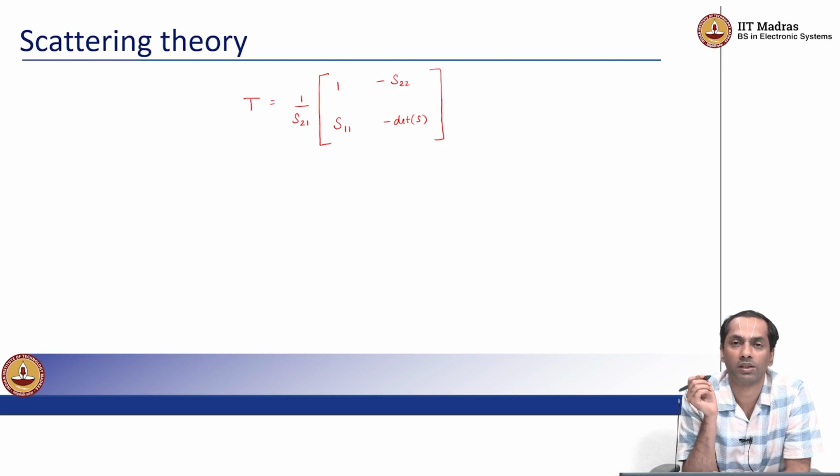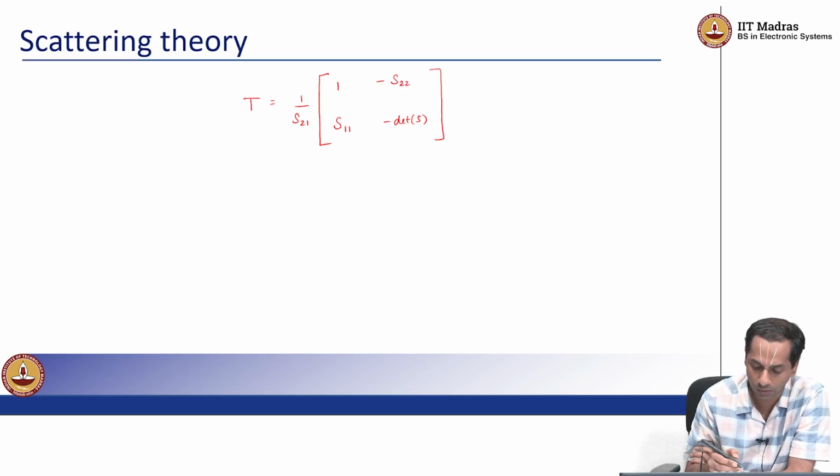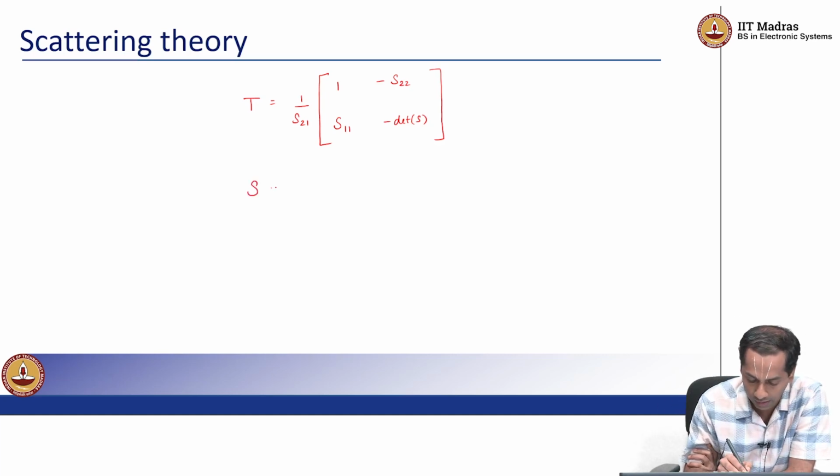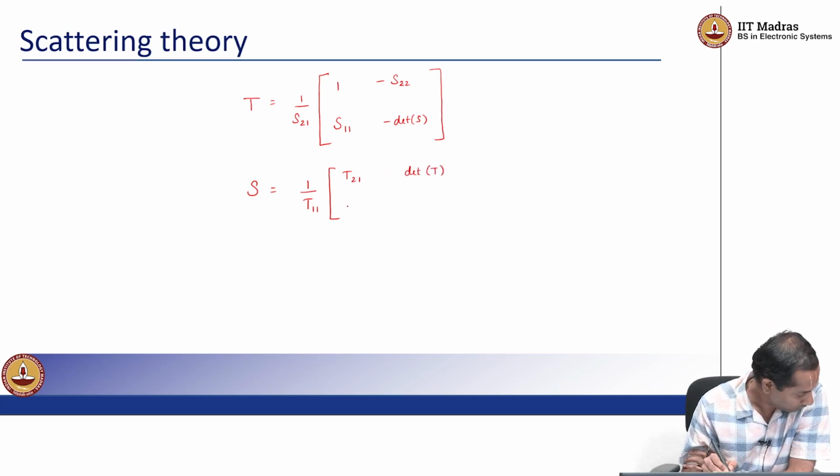So this is the transmission matrix given the scattering matrix. We can also go the other way around. If you want the S matrix in terms of the transmission matrix, it is simply 1 by T11 times the matrix with rows T21, determinant of T and 1, minus T12.